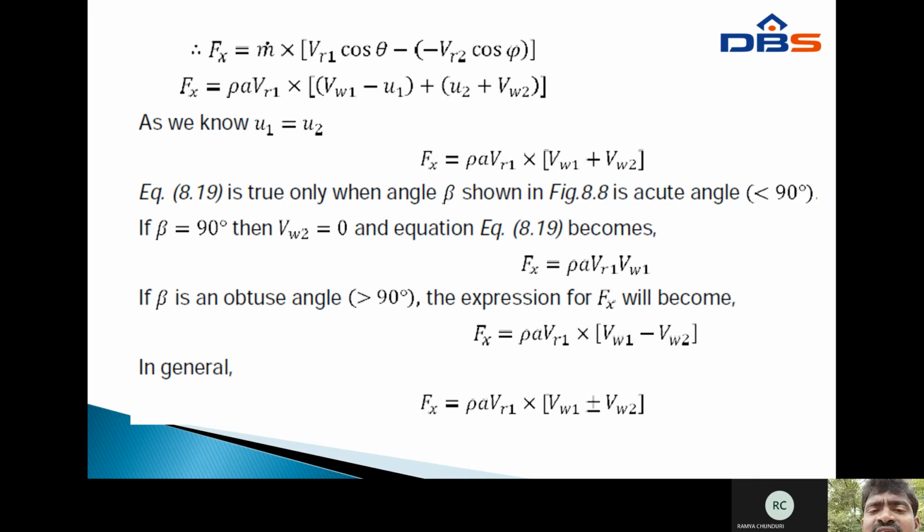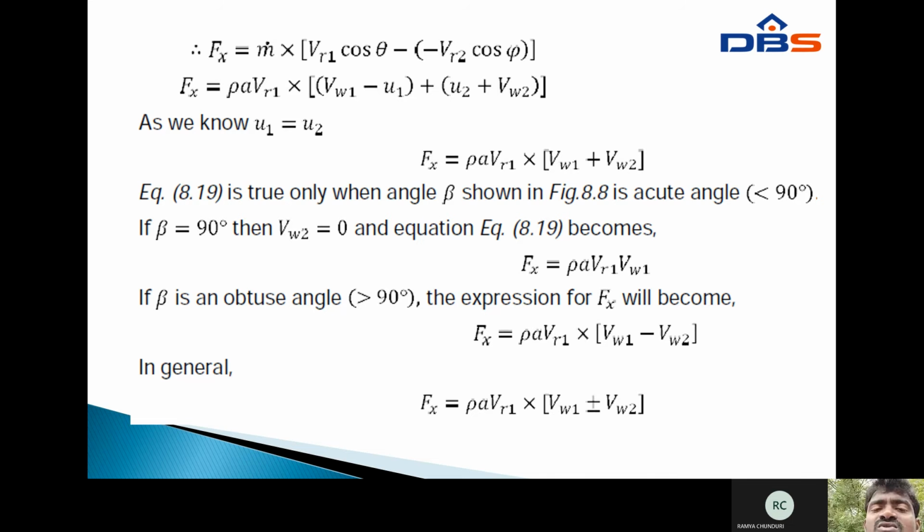When the angle beta as shown in the figure is an acute angle, less than 90, and if beta equals 90, then Vw2 equals 0 and equation 8.19 becomes F of x equals rho a Vr1 Vw1.